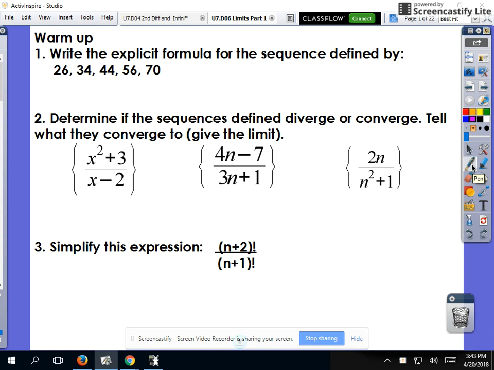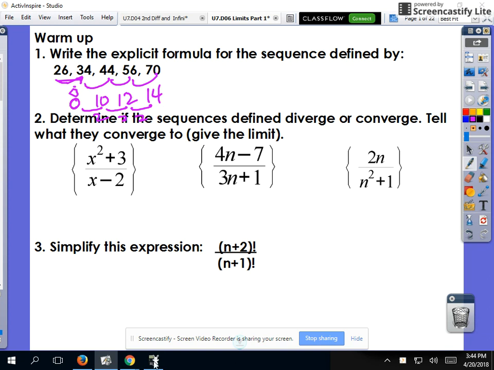So from 26 to 34, that's 8, and this is 10, this is 12, and this is 14. Now, hopefully you recognize, that's a second difference of 2.